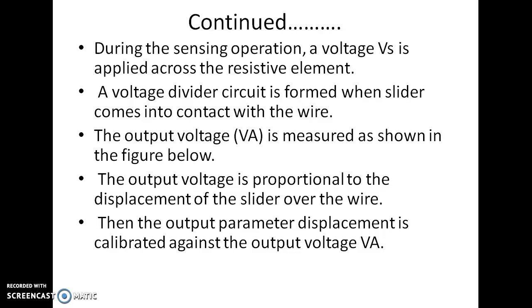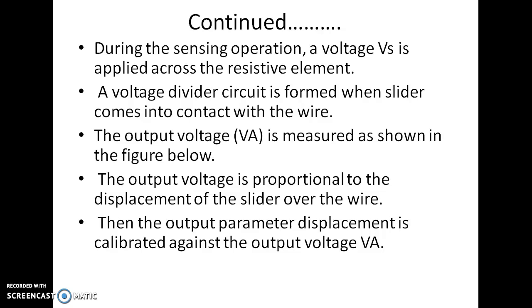During the sensing operation, a voltage Vs is applied across the resistive element. That is our applied voltage or input voltage. Then a voltage divider circuit is formed when the slider comes into contact with the wire. Whenever the wiper comes in contact with the resistive wire, a voltage divider circuit will be formed, which we will see.